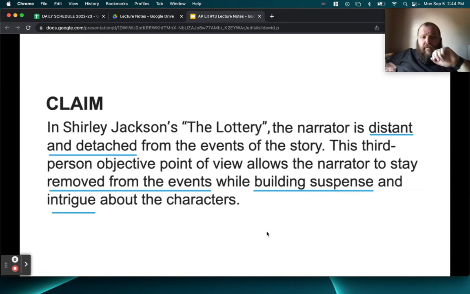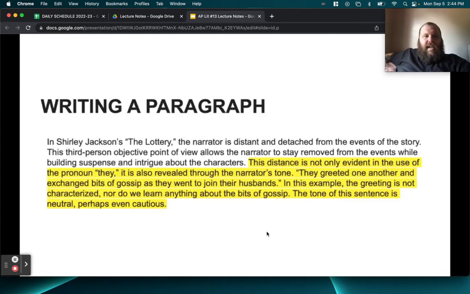They are removed from the events, and it does build suspense and intrigue. Because of the narrator and the narrator's relationship to us, the readers, we are wondering what is going on here. This is so weird. This is so strange. And I want answers. So great claim. Now, let's add to that.